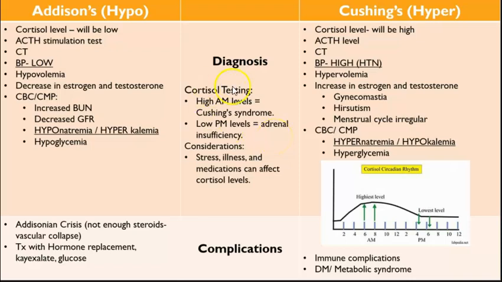Now your corticosteroid testing, one of the big ones that you should always remember is cortisol testing, your dexamethasone suppression test. That is a test. You give them 1 milligram of steroid at bedtime, like at 11 p.m., and then you check their cortisol level in the morning.